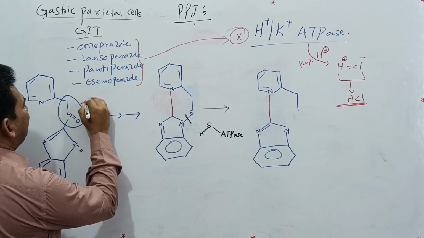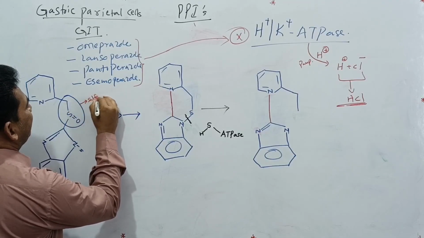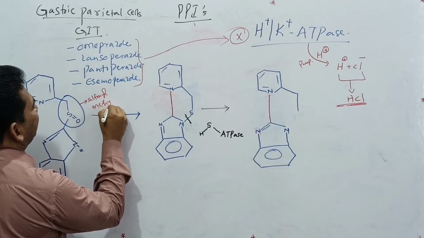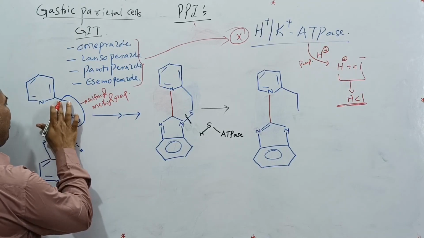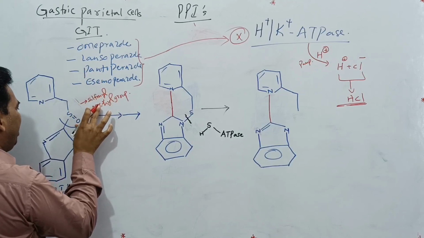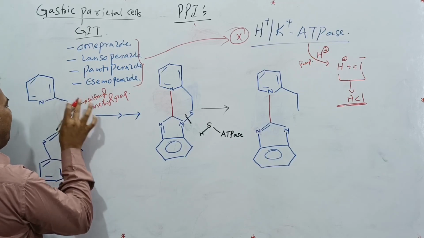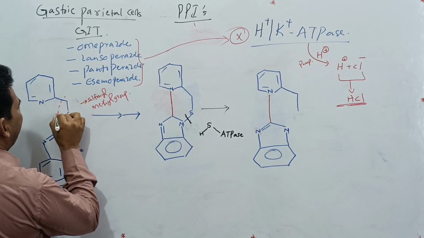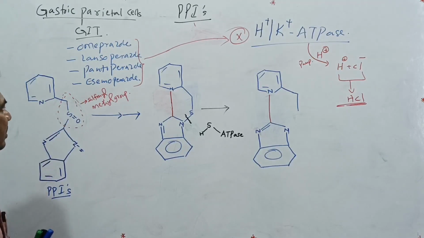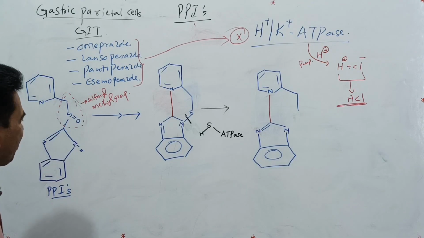Sulfonyl methyl. Why am I telling you about this group? Because this group plays the vital role in the mechanism of action. Remember, this group plays the vital role in the mechanism of action.